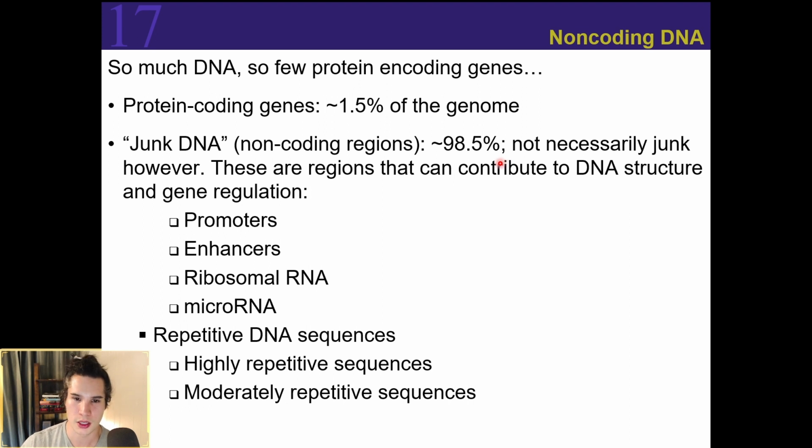Some people will call the other 98.5% of our genome junk DNA, which I wouldn't necessarily consider junk DNA because it actually does have function. But 98.5% of our genome does not code for genes that would eventually be expressed in the form of proteins. These non-coding regions have function, and they contribute to DNA structure and regulation.